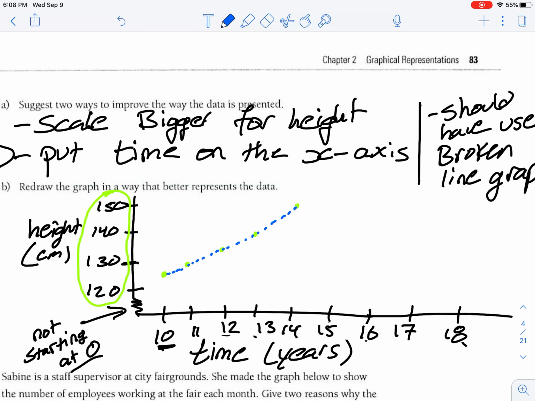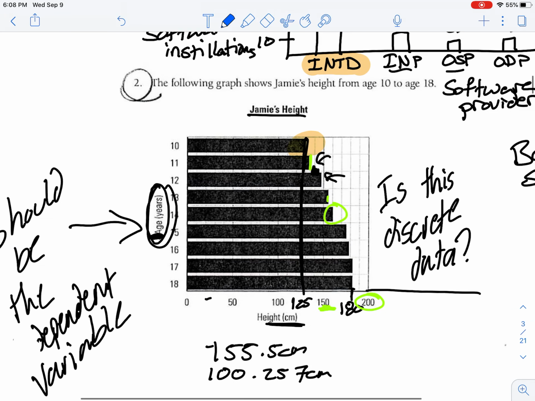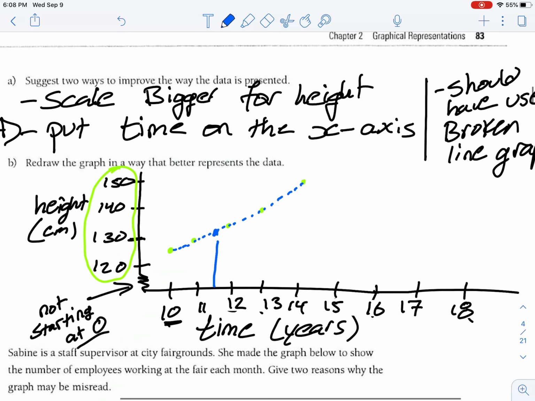Because remember, what happens when he's about 11 and a half years old? Well, if he's 11 and a half years old, we can roughly estimate how tall he is. He's about 132 centimeters. You cannot do that with bar graphs. Bar graphs don't allow you to estimate in between your data.